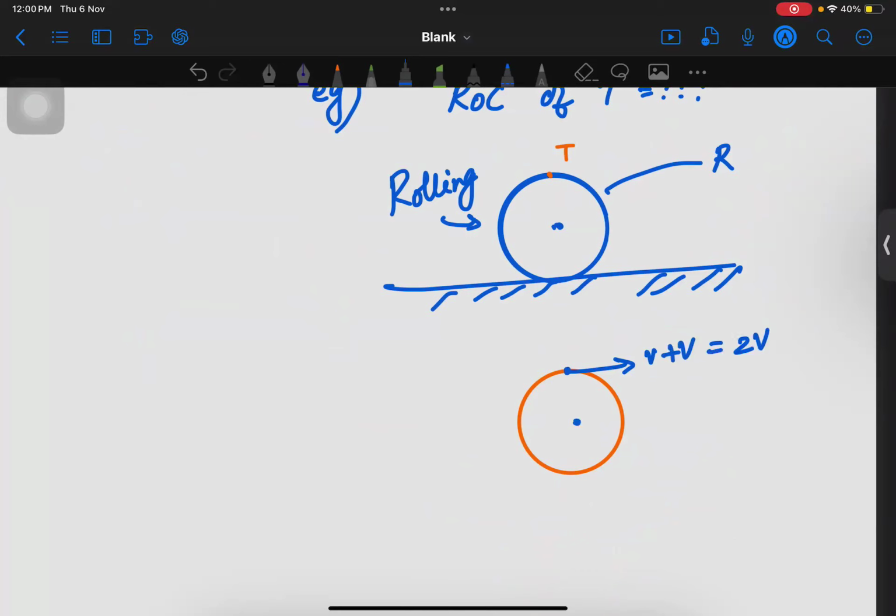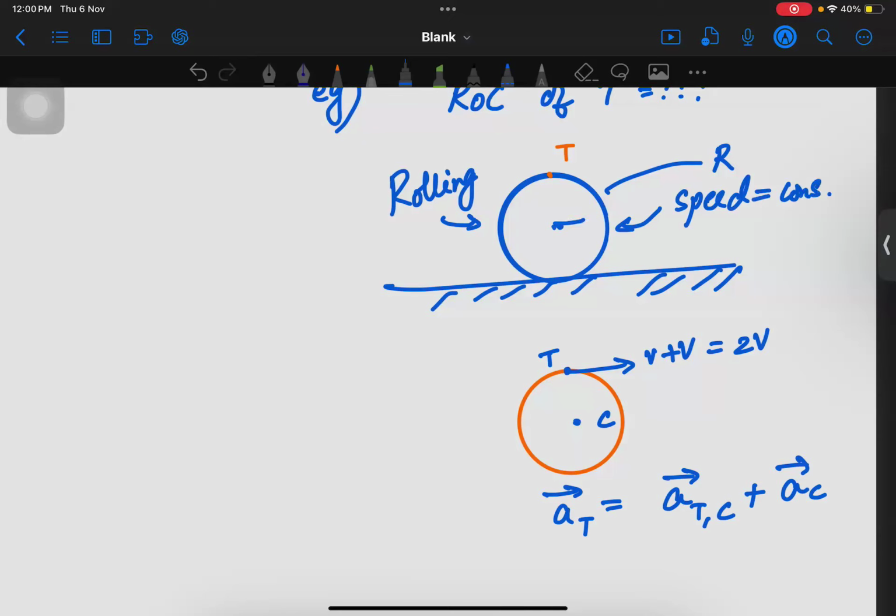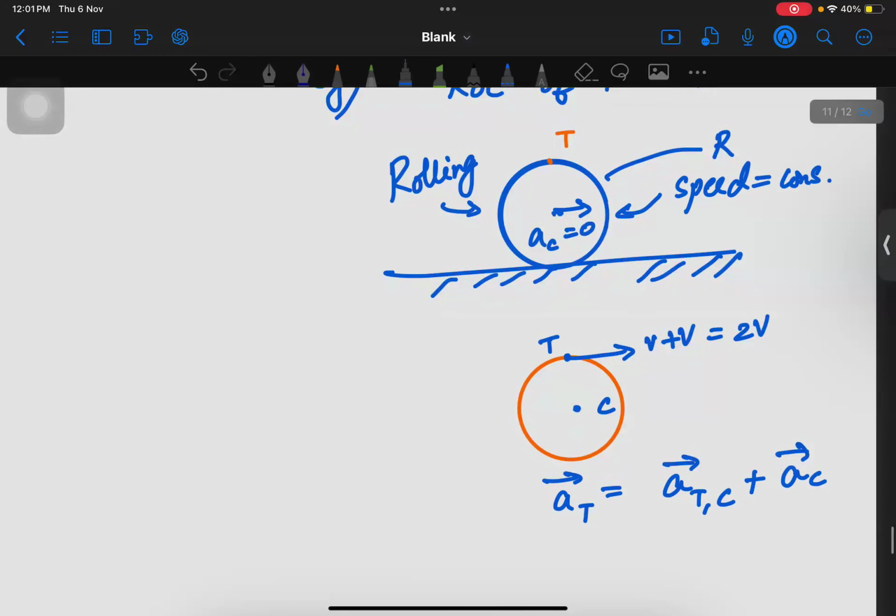And we also notice that the acceleration of the T point can be written as the acceleration of T with respect to the center plus the acceleration of the center. We will assume that the speed of the center of mass is a constant value, which means that the acceleration of the center is zero itself. There is no increase or decrease in the velocity of the center. So the center's acceleration is zero. This part is gone. Right?